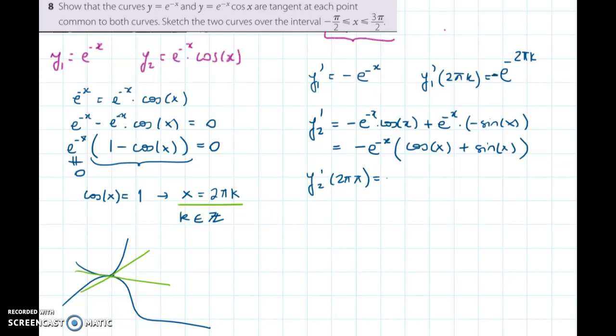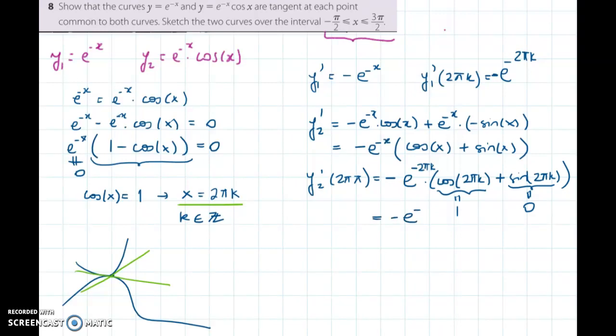For the second one, we also start with a negative sign, and then we have e to the minus 2 pi k times cosine of 2 pi k, which is 1, plus sine of 2 pi k, which is 0. So all of this is just minus e to the minus 2 pi k.